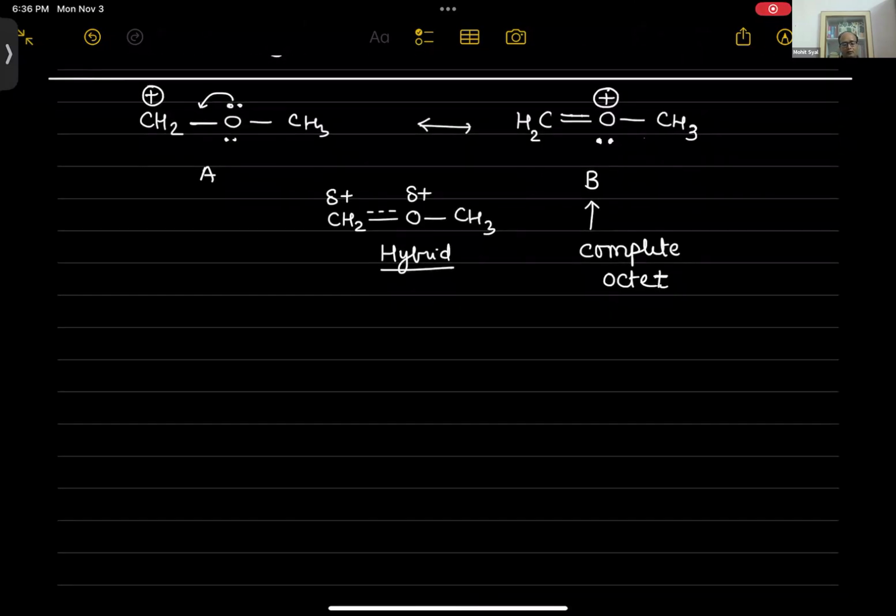Let's try some other resonance structures and let's compare their stability.